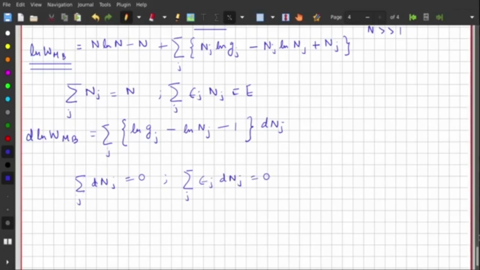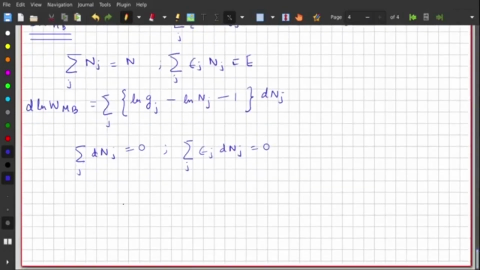So now if we use the method of Lagrange multipliers, which we discussed in the previous segments, this will become sum over j log gj by nj, that is coming from this term, minus the first Lagrange multiplier times the constraint, which is sum over dnj.